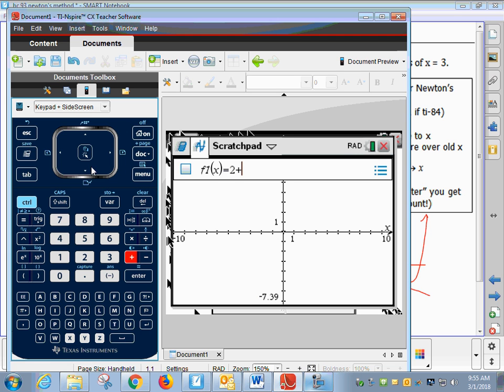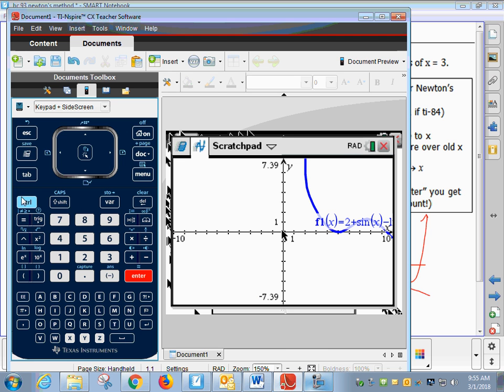Is it x minus 2? In F2, would you also put the derivative? You could have the calculator do the derivative through the menu.